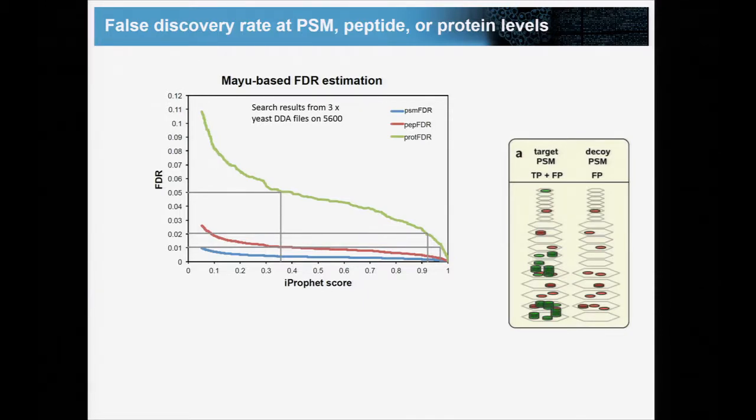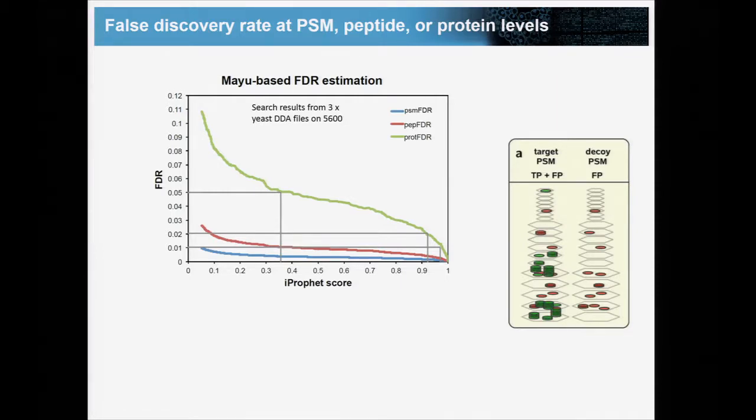What happens is that the good hits tend to build up on a small number of proteins, whereas the bad hits tend to be distributed randomly across all of the proteins. So this has the effect that as you add more false matches at the PSM level, as you relax this threshold, you get this differential creeping of the error rate at different levels.